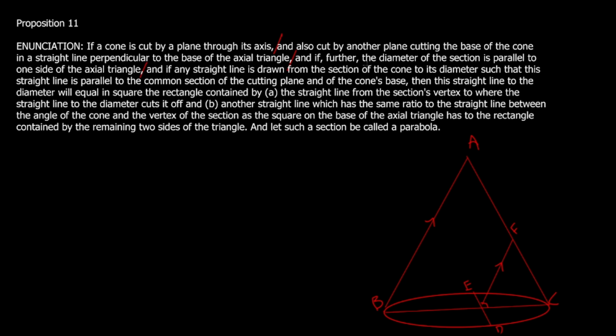And if any straight line is drawn from the section of the cone to its diameter, such that this straight line is parallel to the common section of the cutting plane and the cone's base. So the common section of the cutting plane and the cone's base would be DE here. So first off, let's draw the section.